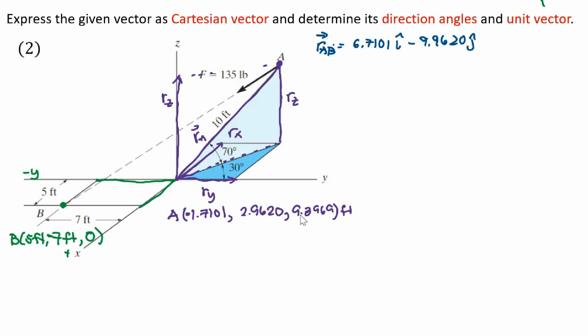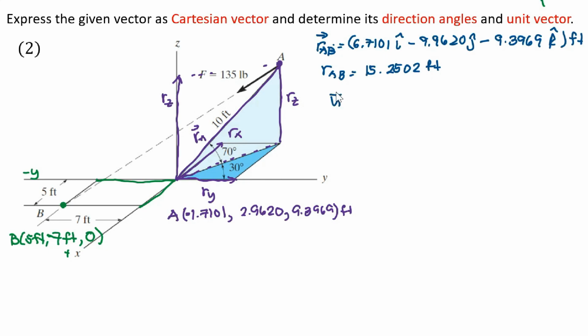And 0 minus 9.3969, so that is negative 9.3969 k hat, and the unit is feet. Now for its magnitude, that is the square root of 6.7101 squared plus 9.9620 squared plus 9.3969 squared. The answer of that is 15.2502 feet. That is now for the magnitude.